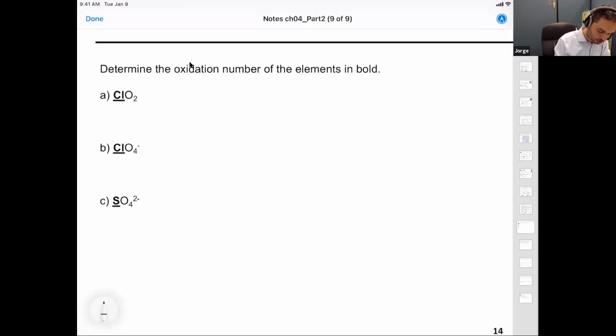Okay, what I like to do, you don't have to follow what I'm doing, but what I like to do is to rewrite the formula of the compound. Always check if there is a charge or not. If there is no number outside here, that means the sum of the oxidation numbers has to be 0. So let's write here an equal sign, meaning that the sum has to be 0.